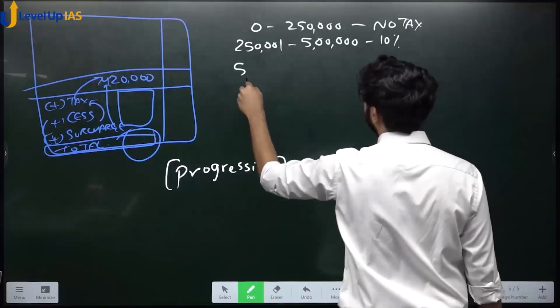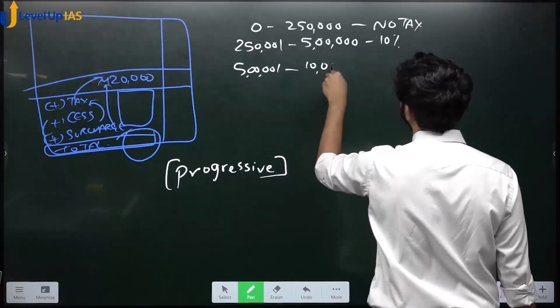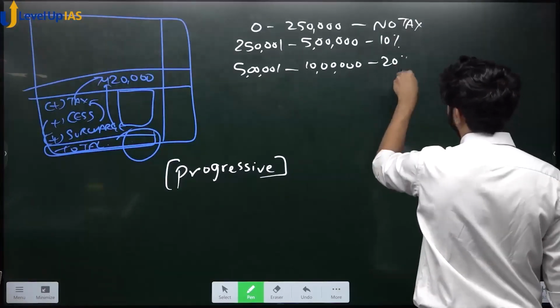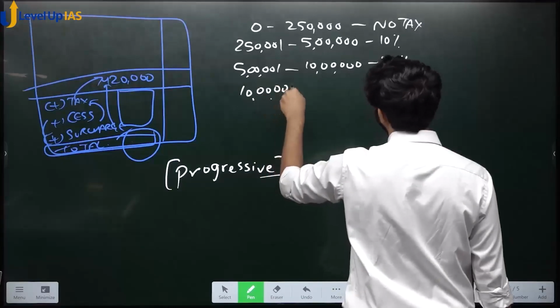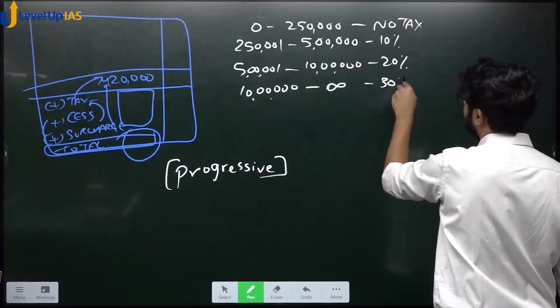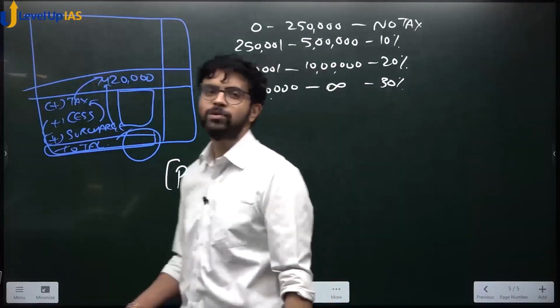If you are earning 5 lakh to 10 lakh rupees, 20% tax. If you are earning 10 lakh rupees onwards, more than 10 lakh rupees, infinity, 30% tax. Okay? Now I will explain you how the tax rates work.